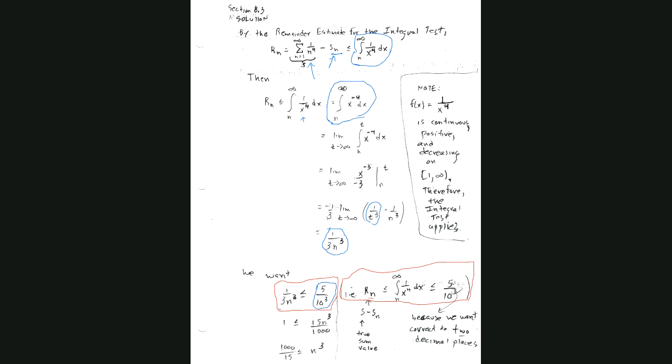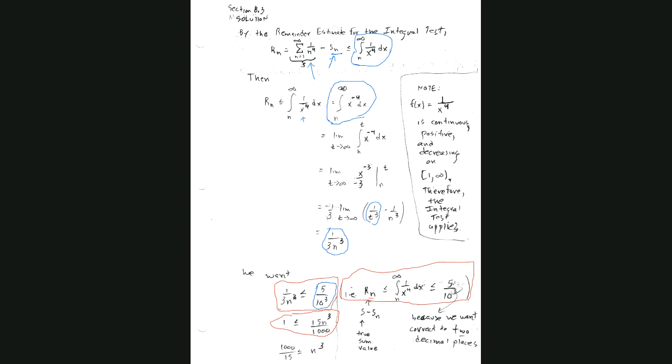So 1 over 3n cubed is less than 5 over 10 cubed. If we multiply both sides by 3n cubed, we get 1 is less than or equal to 15n cubed over 1,000. Note that the inequality doesn't switch because 3n cubed is a positive value. n is positive, right?